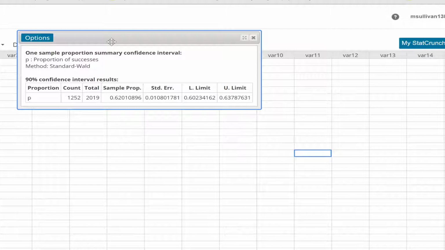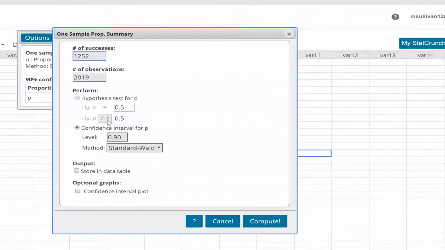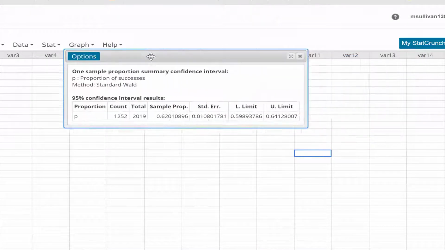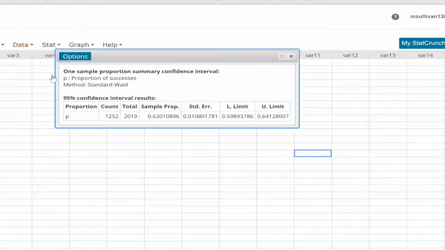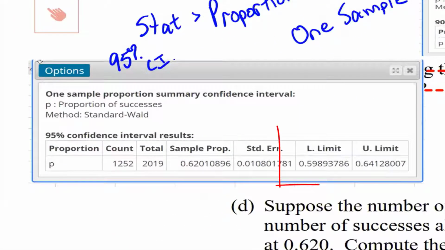So at a very low confidence, the upper and lower limit would be very close then. Yes. Right? So let's see if that plays out. Let's change my level of confidence to 0.95. And when I change my level of confidence to 0.95, 95% confidence interval, notice the lower limit is 0.598 and the upper limit is 0.641.